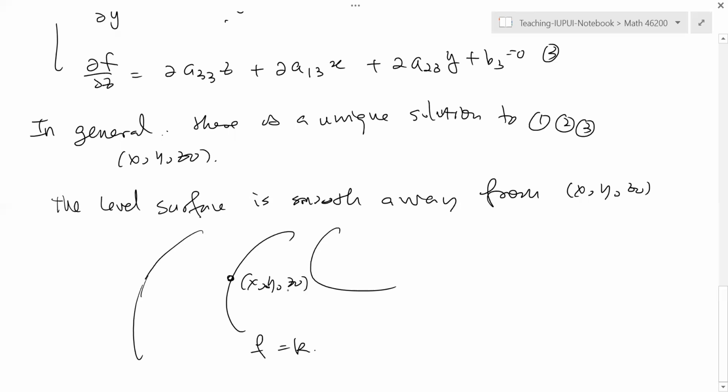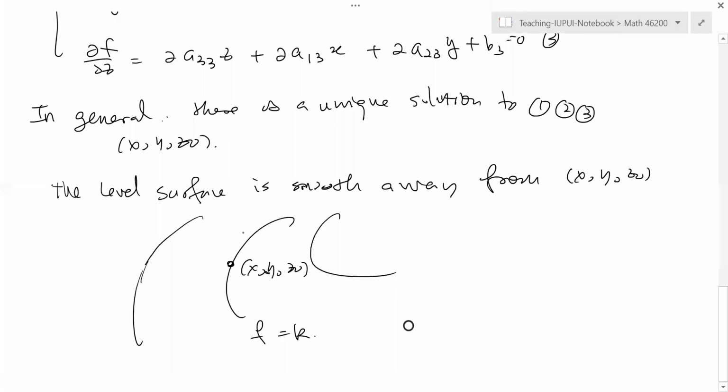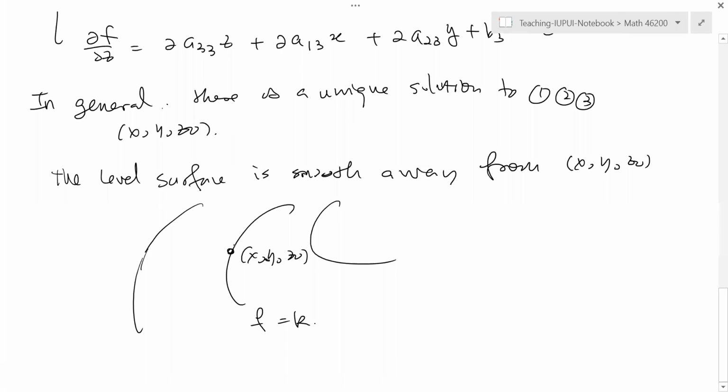There's only one surface passing through that particular point, and even that surface is smooth everywhere except for that point. The other surfaces have no such point, so they are smooth everywhere.